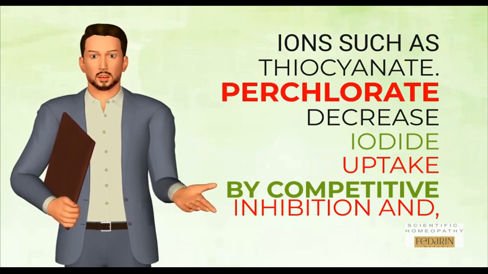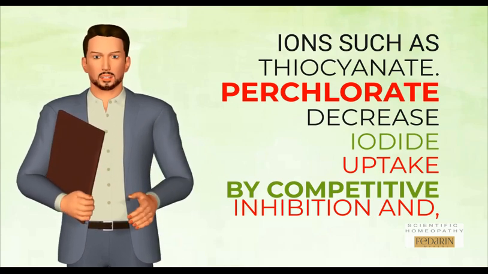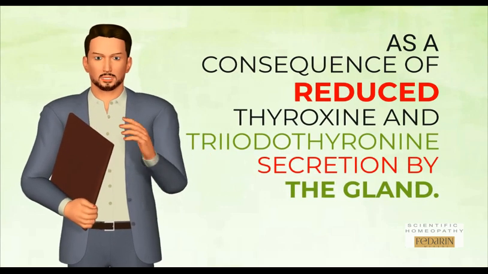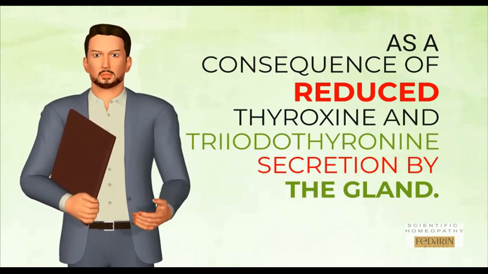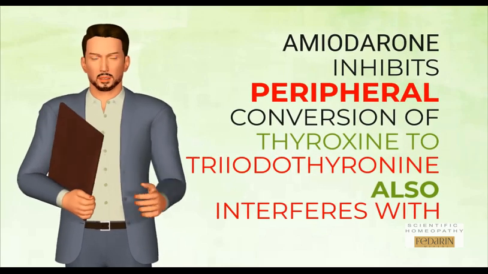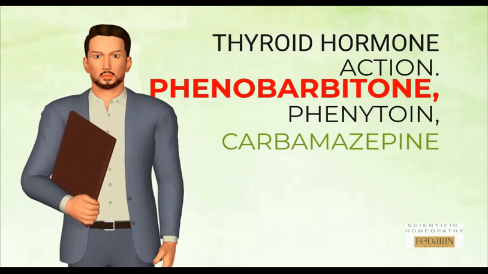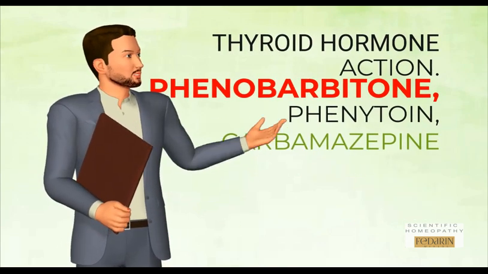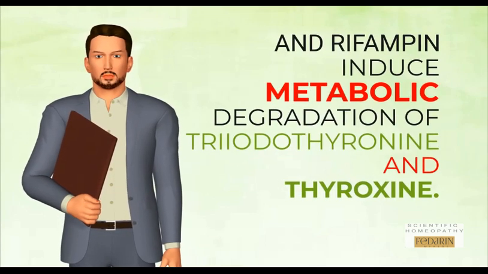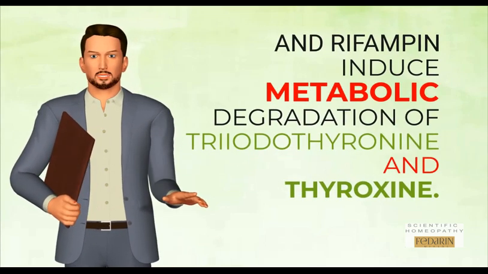Perchlorate decreases iodide uptake by competitive inhibition and, as a consequence, reduces thyroxine and triiodothyronine secretion by the gland. Amiodarone inhibits peripheral conversion of thyroxine to triiodothyronine and also interferes with thyroid hormone action. Phenobarbital, phenytoin, carbamazepine and rifampin induce metabolic degradation of triiodothyronine and thyroxine.